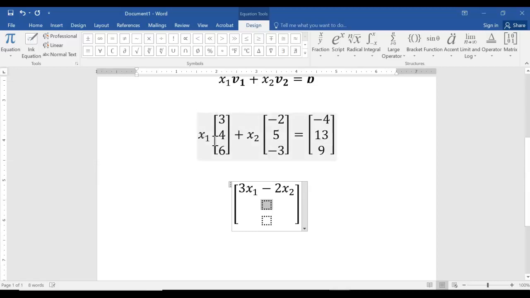The second entry is 4 times x1 plus 5 times x2. The third entry is x1 times 6, or 6x1, plus x2 times negative 3, or minus 3x2.